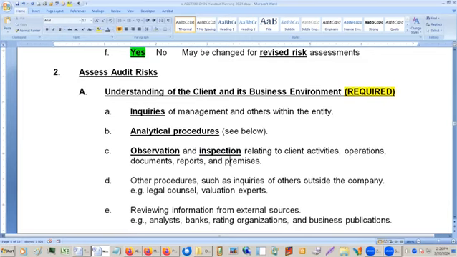The one there that might surprise you: I imagine most people think about auditing as inspecting documents, but a big part of it is watching what people do, especially when you're trying to get a feel for how they're doing the internal control procedures.